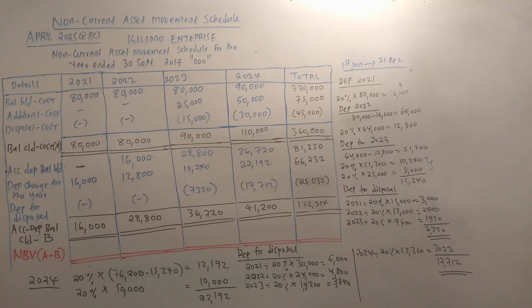Okay, let's see this one. 28,800 plus 15,240, and that's 7,320. 36,720. Then have that 36,720 plus 22,192, and 17,712, 41,200.